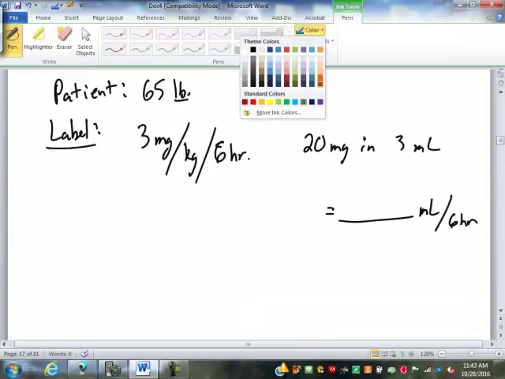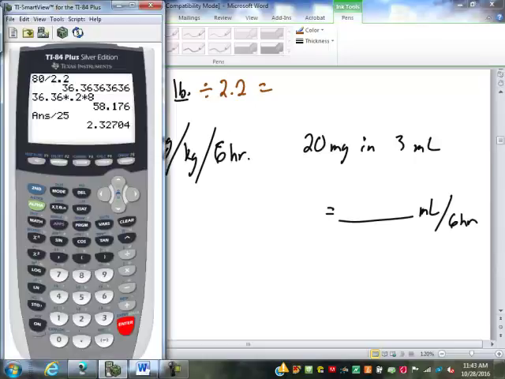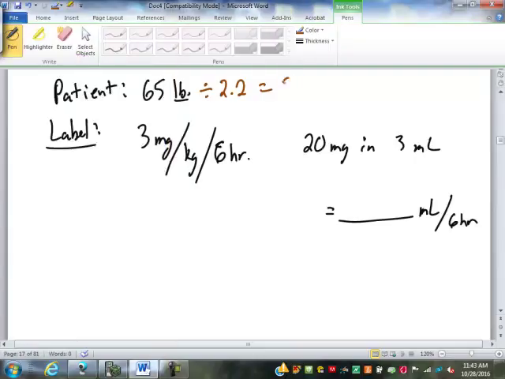So first step, always divide by 2.2 to change our pounds into kilograms. Here's 29.54, 55, right? So 29.55 kilograms.